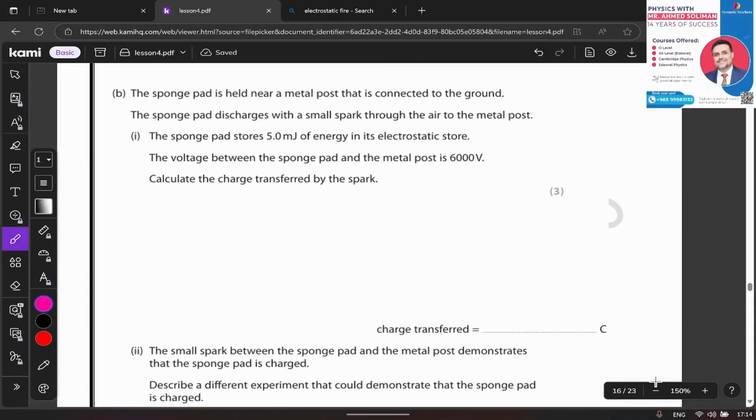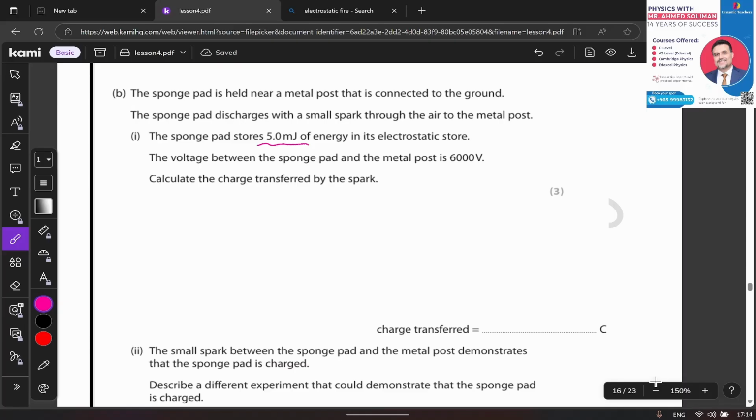Now it's your turn, Ahmed, Bara. A sponge pad is held near a metal post that is connected to the ground. The sponge pad discharges with a small spark through the air to the metal post. The sponge pad stores 5 microjoules of energy. Micro or milli? Milli.